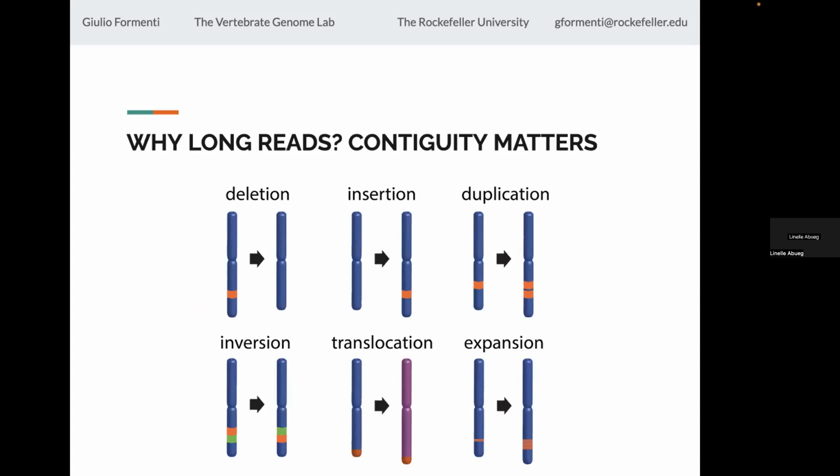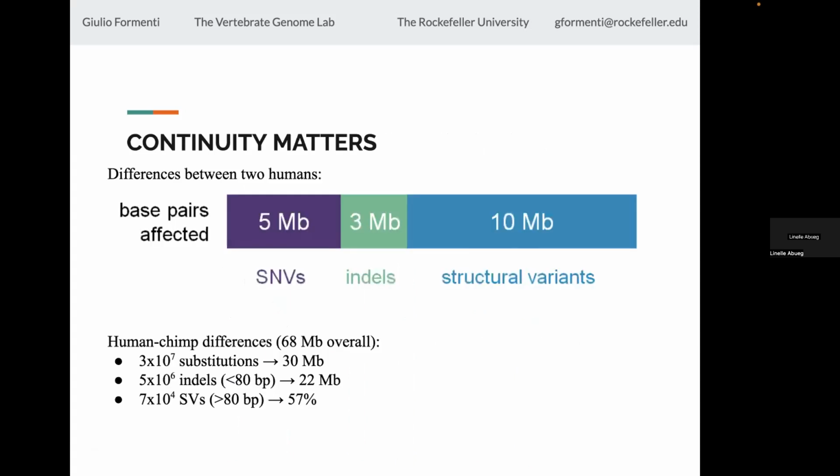Also, they are important because if you're looking not at a single reference genome, but at many individuals from the same species, for instance, they increase your chances to detect deletions, insertions, duplications, inversions, translocations, expansions, all this kind of structural variants that with very short reads are essentially impossible to resolve.